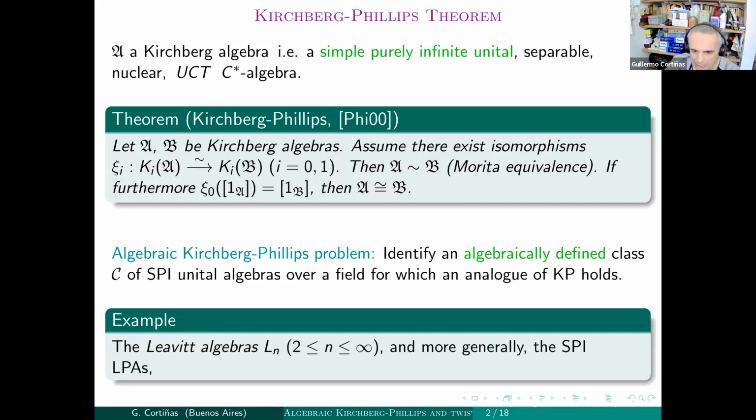These should be in the class. More generally, those simple purely infinite Leavitt path algebras should also be in C. That's a minimal class that one wants to have there.